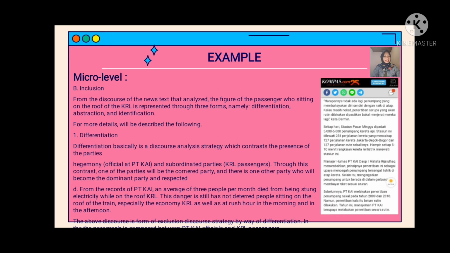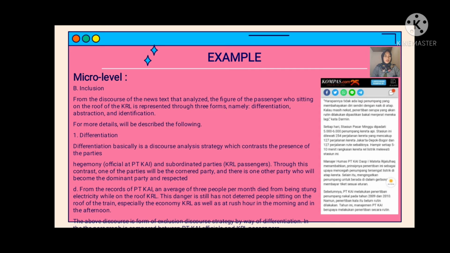For example, in this news there is a sentence like this: from the record of PT KAI, an average of 3 people per month die from being electrocuted while on the roof of the KRL, and this danger still has not deterred people from sitting on the roof of the train, especially the economy KRL, as well as at rush hour in the morning and the afternoon.